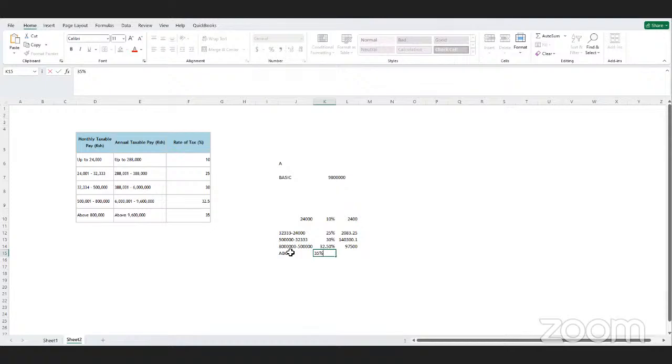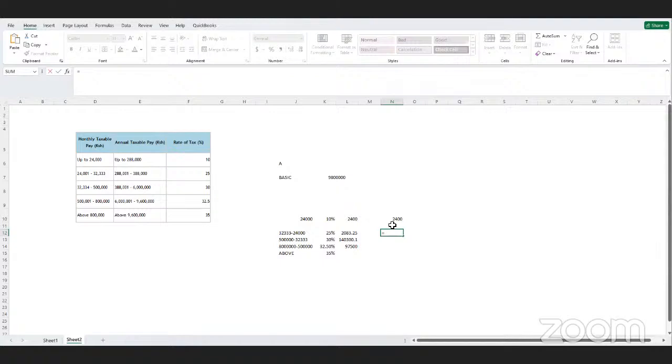It is better if you are not using the advanced formulas in Excel, then you need to include these 2,400. So we get the cumulative: for the first row it will be the same, but for the second it will be this plus this.